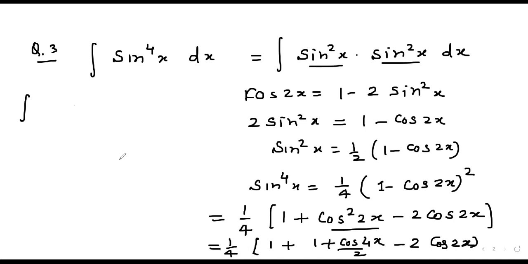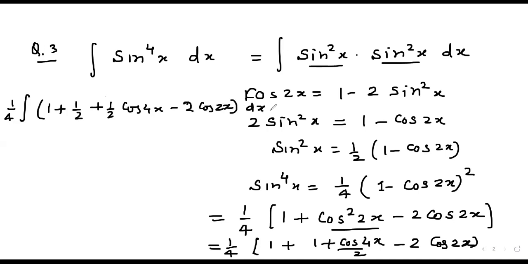So here, first we write 1 by 4 outside. Then we take numbers 1 plus 1 by 2 plus 1 by 2 cos 4x minus, this 1 by 4 is common, minus 2 cos 2x whole dx.